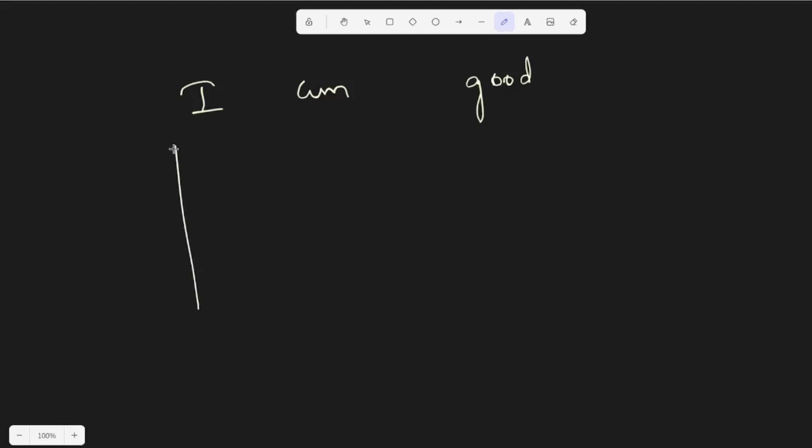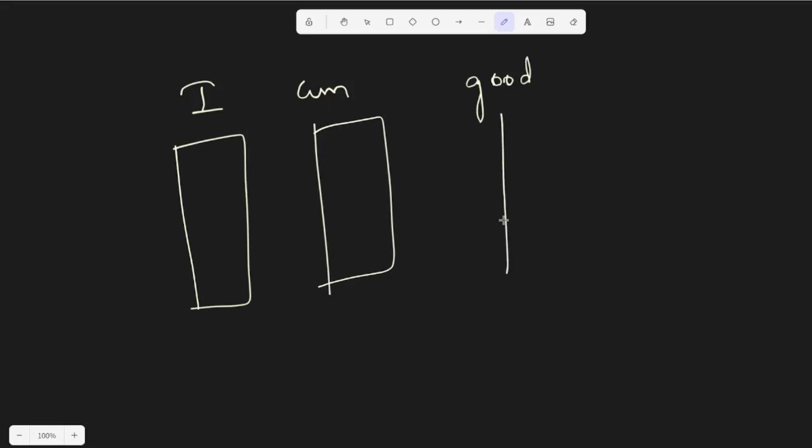So let's start with a sentence. Okay, let's take the sentence, "I am good." Now let's say I have this sentence and I want to generate a representation through the attention module for it. So initially I'll have the vector.